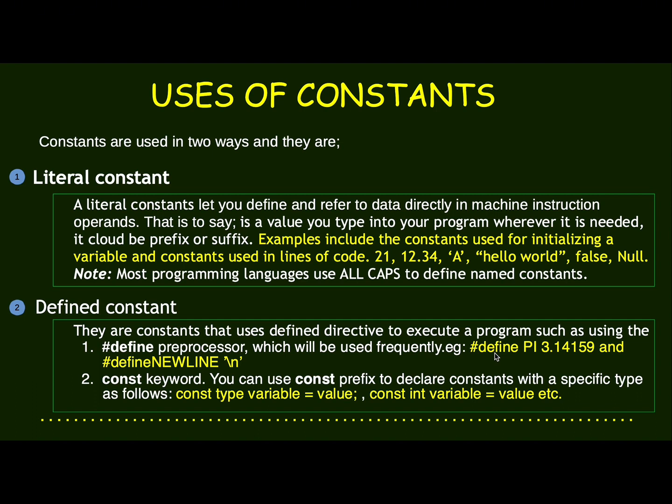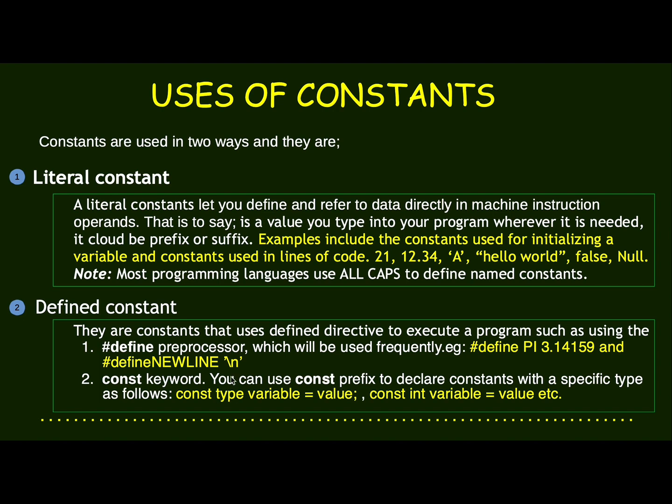No addition, no subtraction. Unlike a literal, where you can go in and make some adjustment but it still remains constant, in a defined constant you cannot do any addition or subtraction at all.